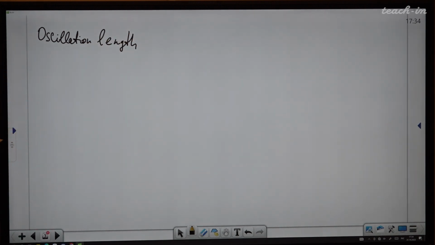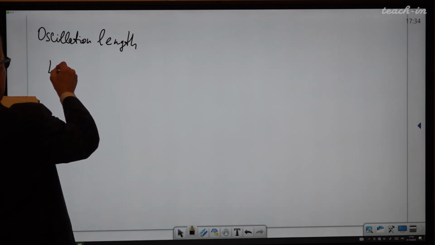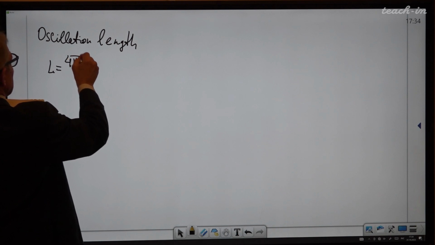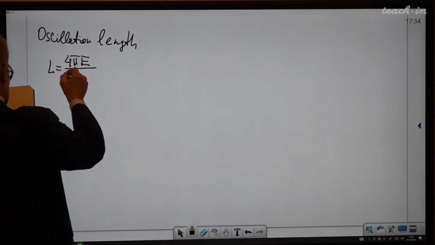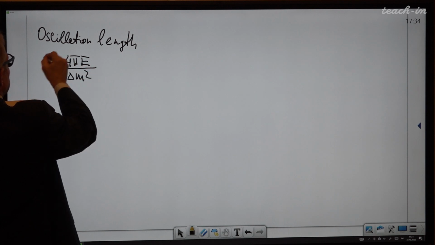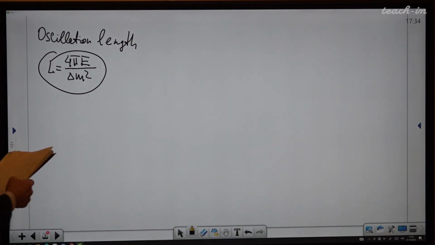This is the argument of what is staying under the second sign. L equals 4 pi times the energy of the neutrino divided by the mass square difference. This is the oscillation length.